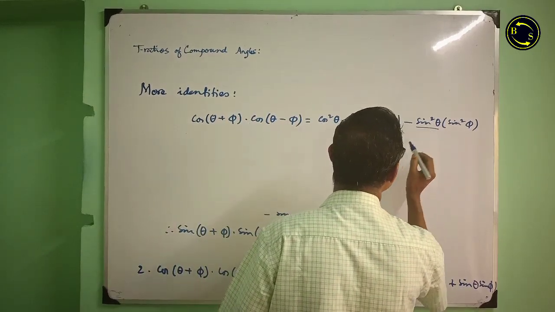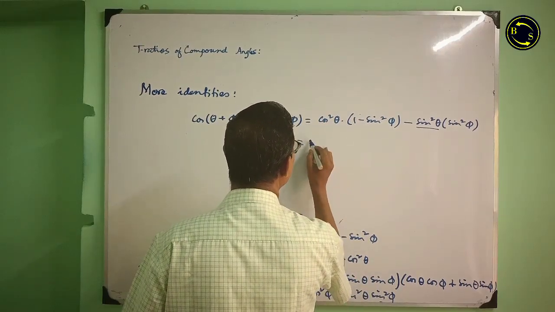We have to replace this sin square theta by 1 minus cos square theta.